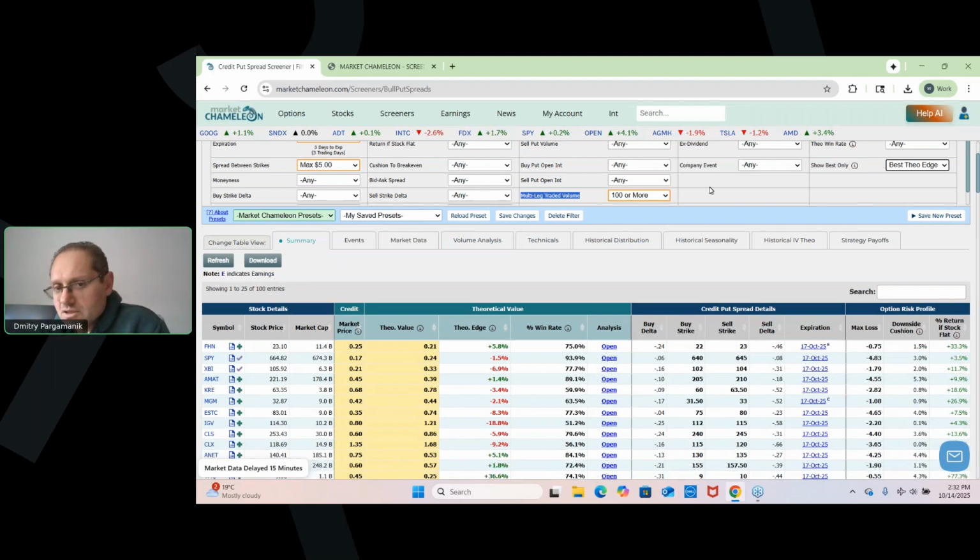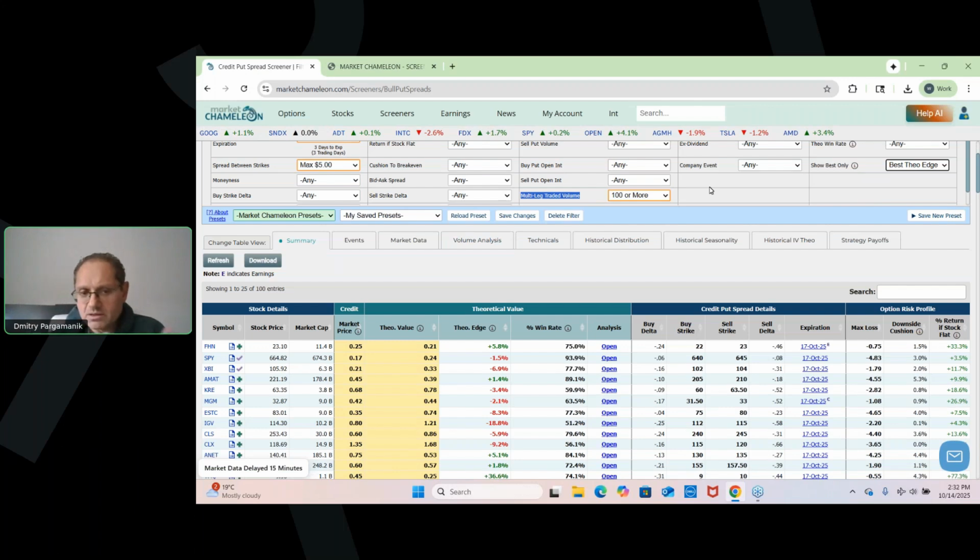So this again is helping us narrow it down, looking at multiple factors to improve our theoretical edge based on benchmarks and price executions. So we're combining all this into one screener.